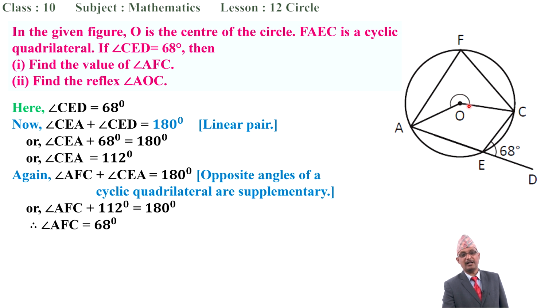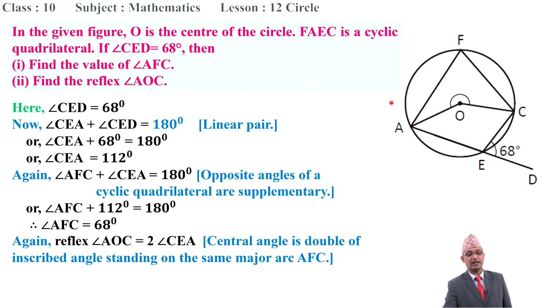So reflex angle AOC equals what can we write? 2 times angle CEA. Why? Reflex angle AOC is the central angle standing on arc AFC, and CEA is the inscribed angle standing on the same arc AFC. So the central angle is double the inscribed angle standing on the same arc.